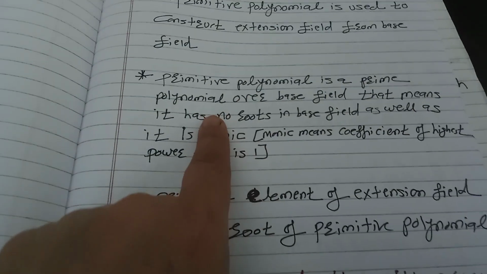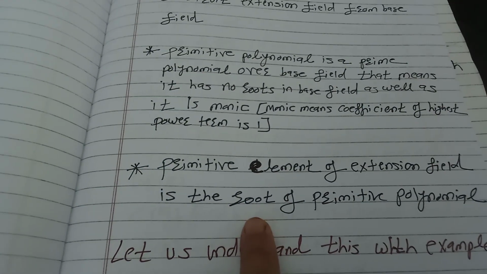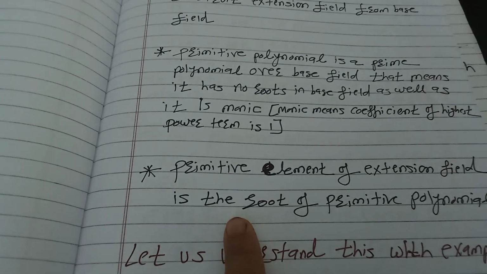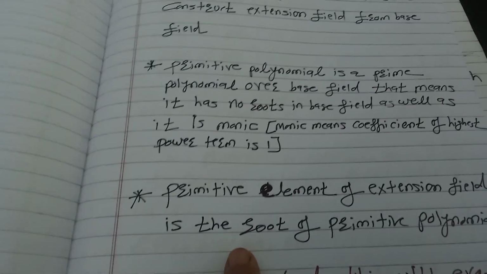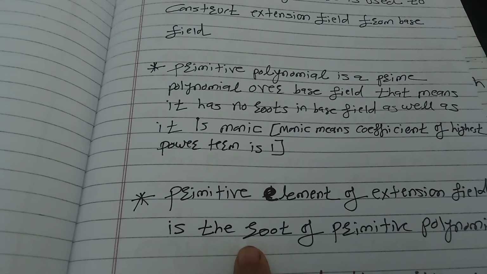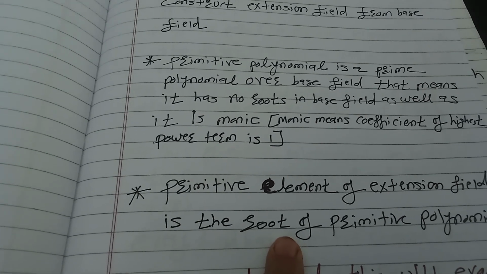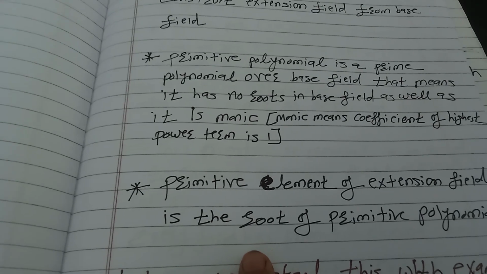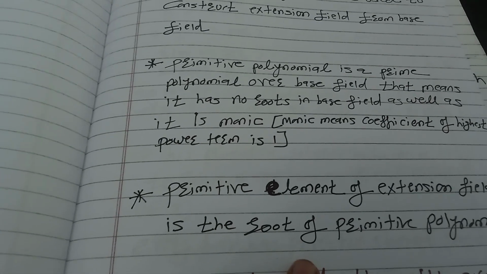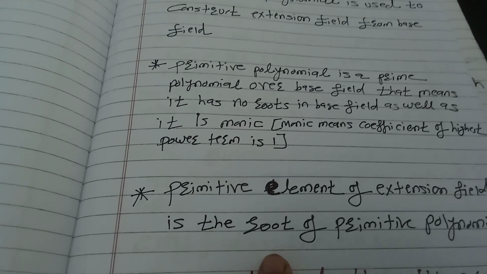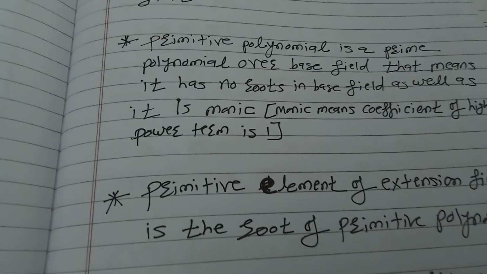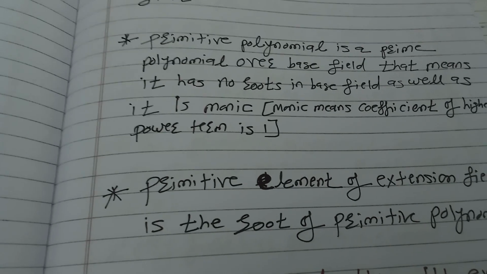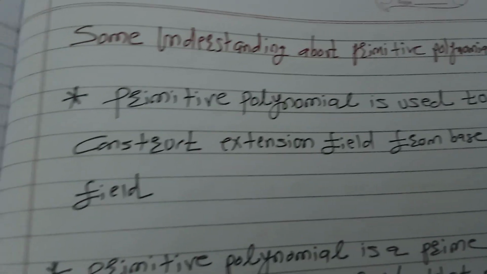It has no root in the base field, a root in the extension field, and that root is a primitive element of the extension field. So every element of the extension field can be expressed as powers of the primitive element, as well as mod of the primitive polynomial, that is, powers of alpha or the mod of the primitive polynomial. So this is all about the features of the primitive polynomial.